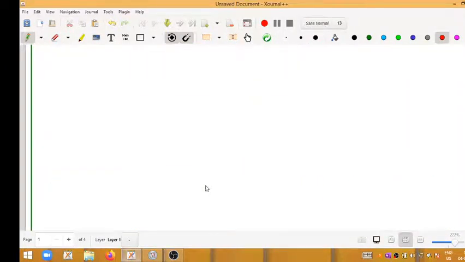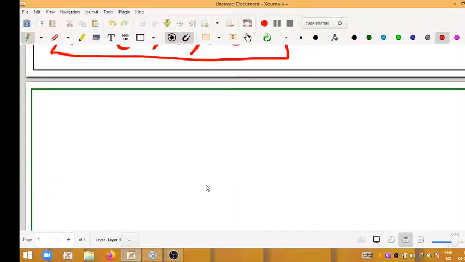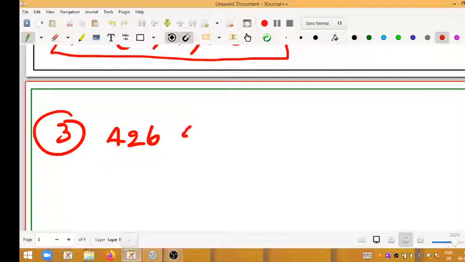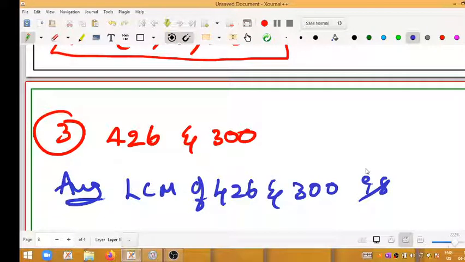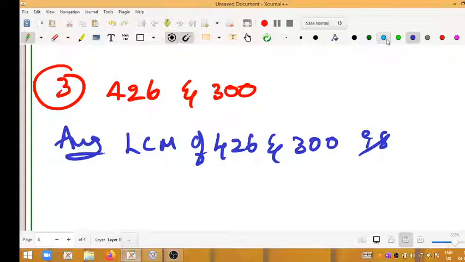Now I will do this one. So third problem is what? 426 and 300. Its answer, LCM of 426 and 300, is 21,300.